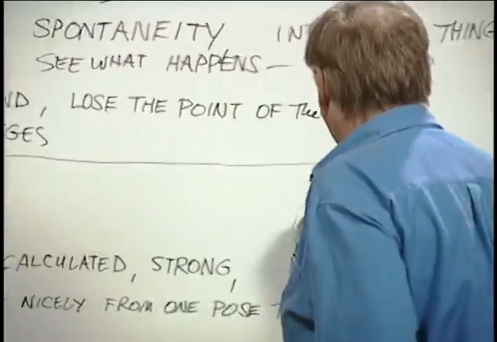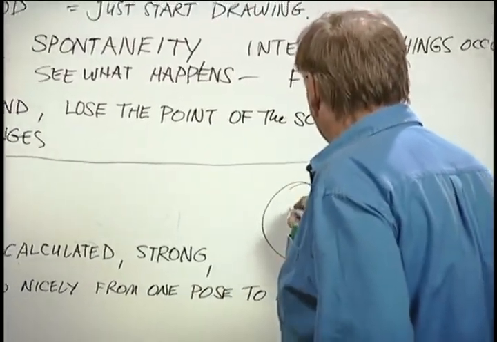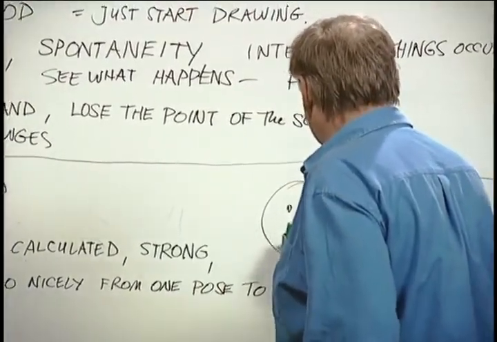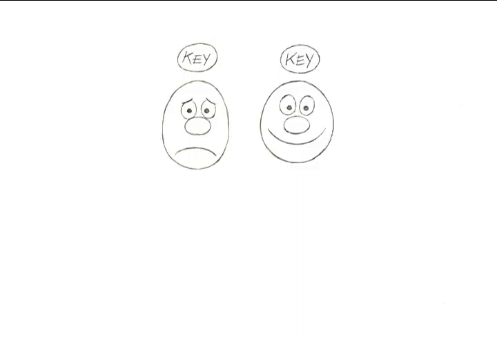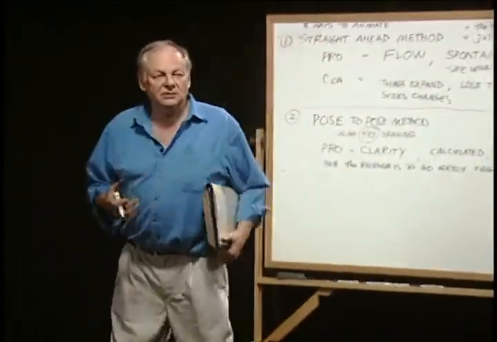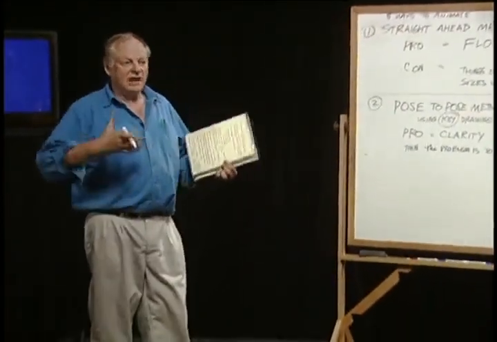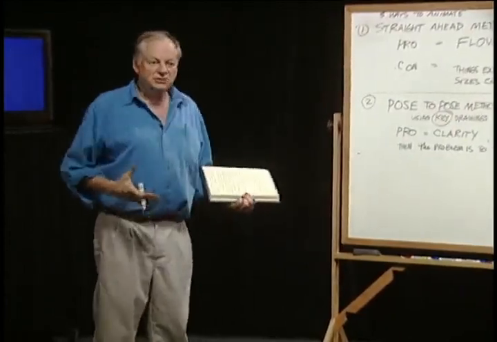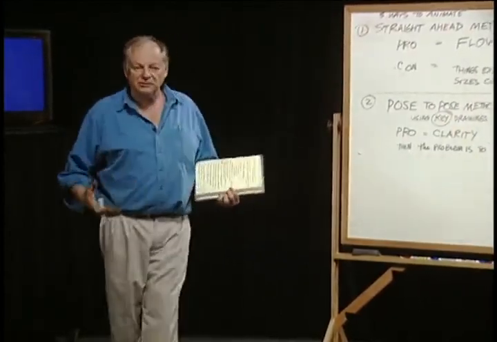So if we got a happy fellow, oh no, let's say he's sad and he's going to go to happy, where do we go in the middle to go nicely from one to the other? See what I mean? But you know where the hell you are, you know how long the scene is, and you're doing your job. I mean, you're fulfilling the function of the scene.